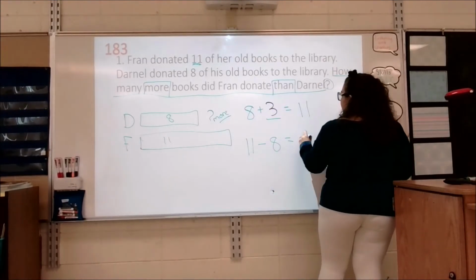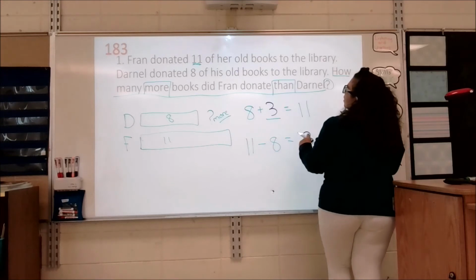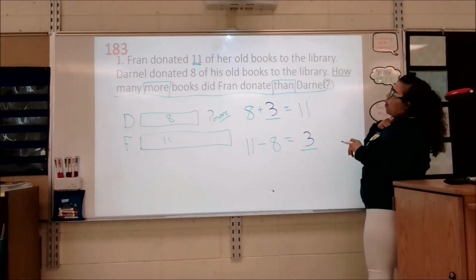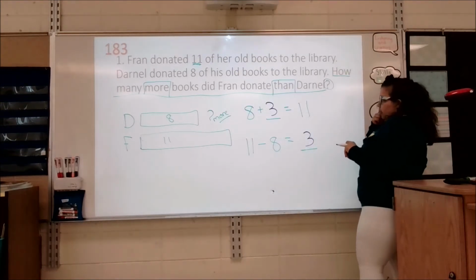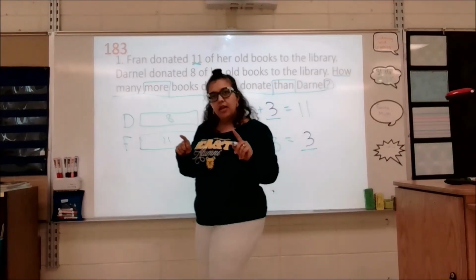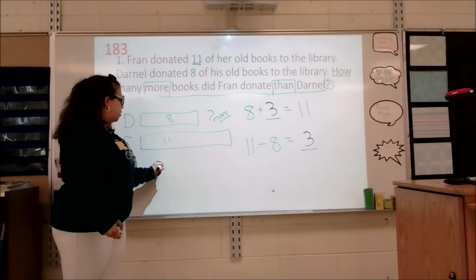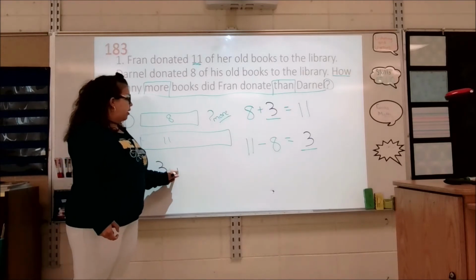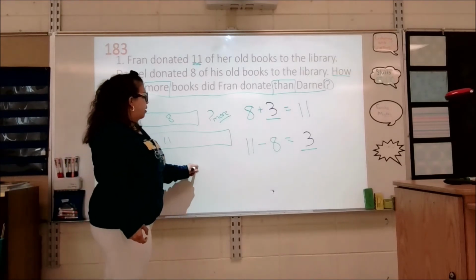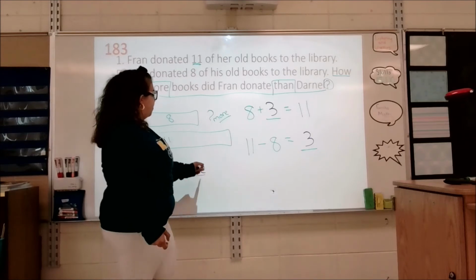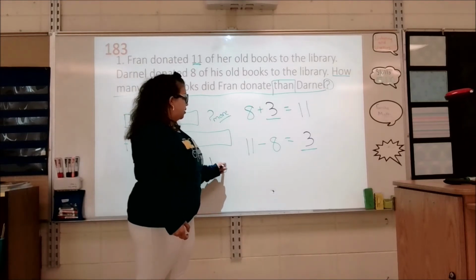3, which means 11 minus 8 is also 3, which means the answer to the question, how many more books did Fran donate than Darnell? Fran donated 3 more books than Darnell. So you need to have 3 more books to be right.